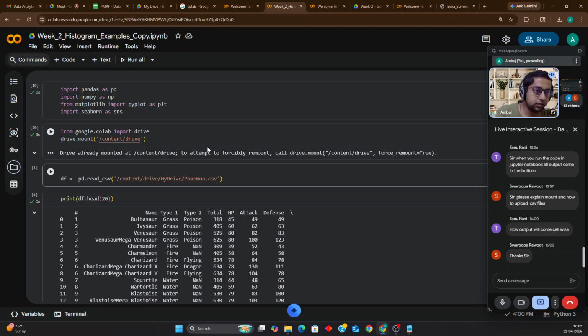So the path will change, and that would be the only difference. Then you have to run it cell-wise, and the output would come cell-wise. I absolutely don't have an idea how you are getting all the outputs at the end, because as far as my knowledge goes, if you install Jupyter Notebook correctly from Anaconda, it shall come cell-wise only, whether you run all at once or a single cell at a time.